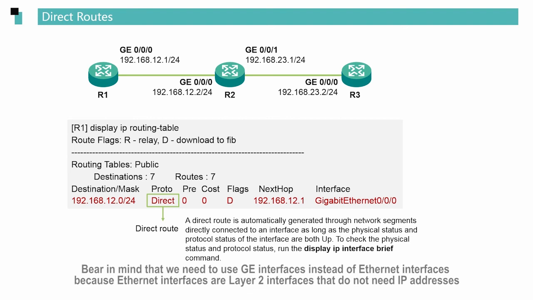Bear in mind that we need to use GE interfaces instead of Ethernet interfaces, because Ethernet interfaces are Layer 2 interfaces that do not need IP addresses.